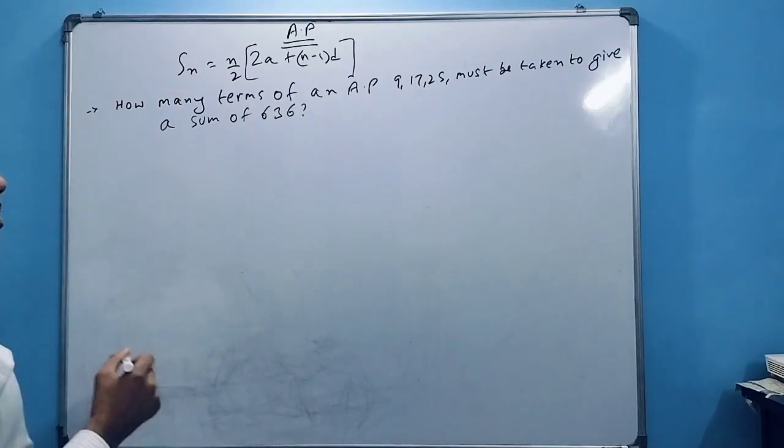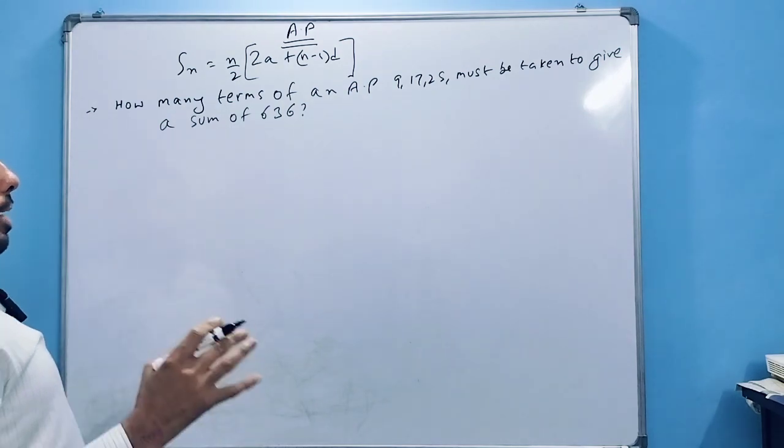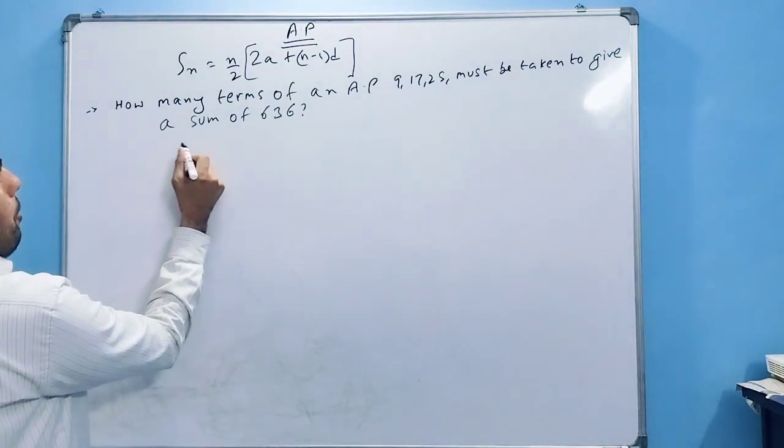So this is the question we have. How many terms of an AP, this is the AP, must be taken to give a sum of this. So we have an AP.